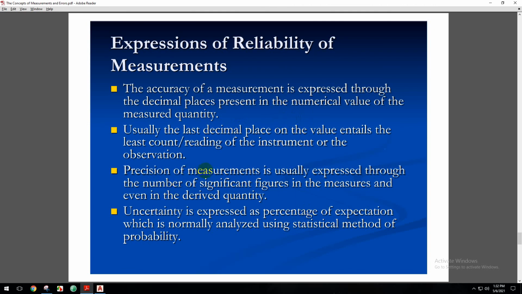Precision of measurements is usually expressed through the number of significant figures in the measures and even in the derived quantity. Uncertainty is expressed as a percentage of expectation, which is normally analyzed using statistical methods of probability.